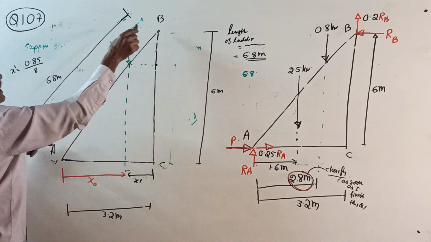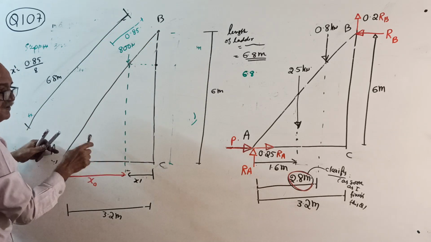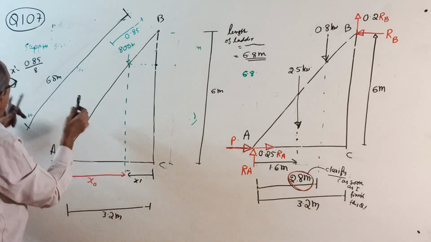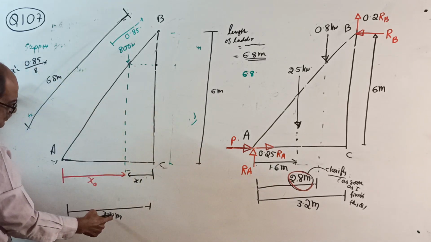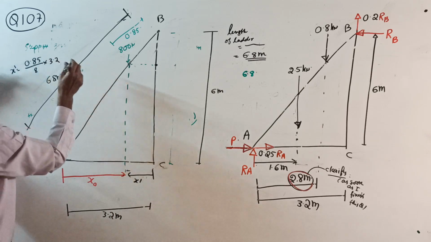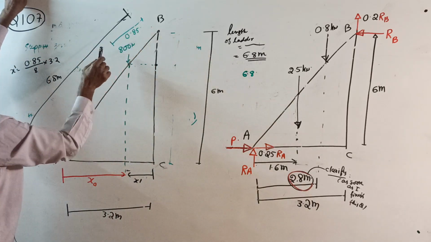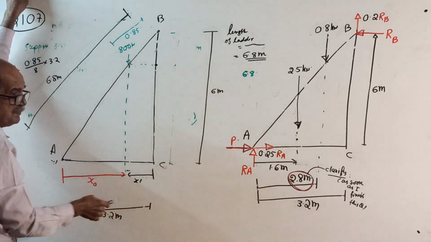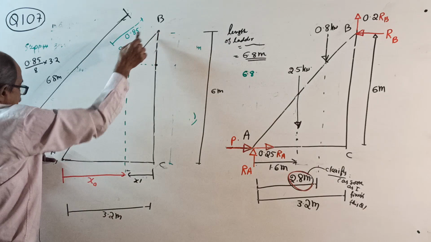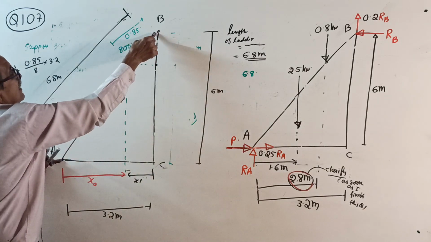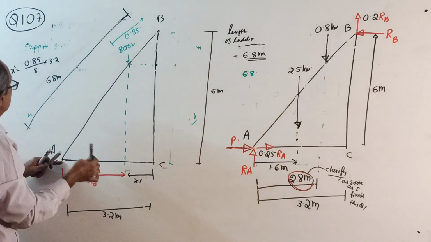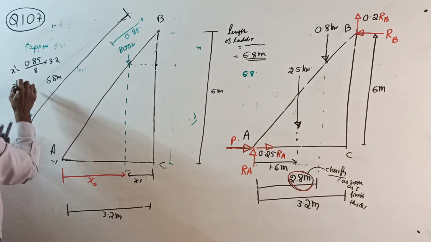What proportion is there from the top? That into this distance will give you the distance from here, into 3.2. Why? 0.85 in 6.8 means how much in 3.2? But remember, your finger should be here. You project here and write, your x dash will come.